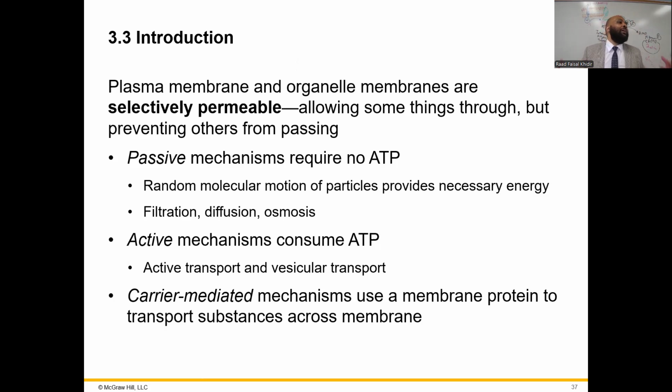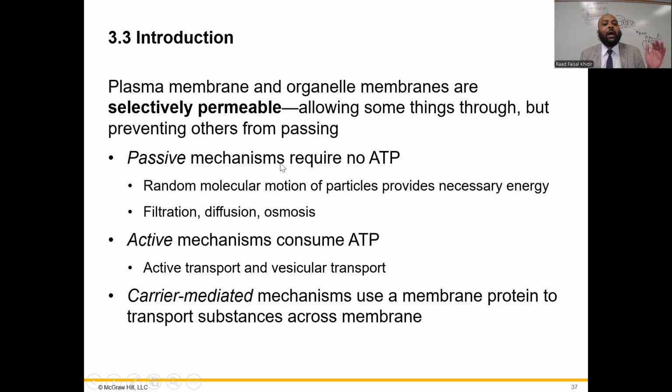So the plasma membrane discriminates who can get in, who can get out based on chemical structure. Are you hydrophilic? You can't get in unless you have a transmembrane channel you can go through. Are you lipophilic? You can go in anytime you want. So that is the passage, allowing some things to go through, but preventing others from passing.